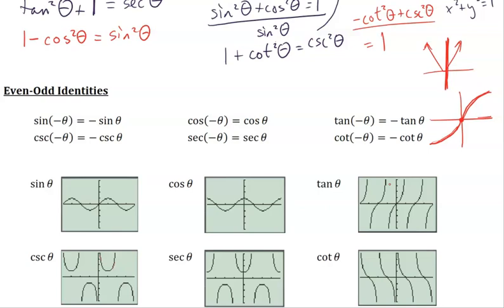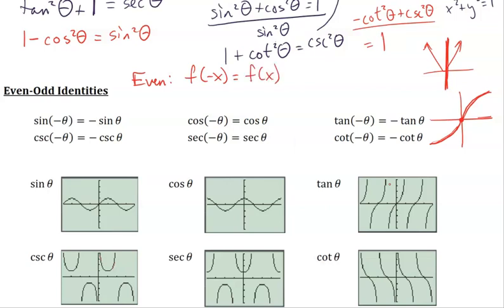Well, when we write even and odd functions algebraically, we actually define them by evaluating the opposite of x. So let me write down what I mean. If a function is even, then it has to be true that f of negative x is equal to f of x.